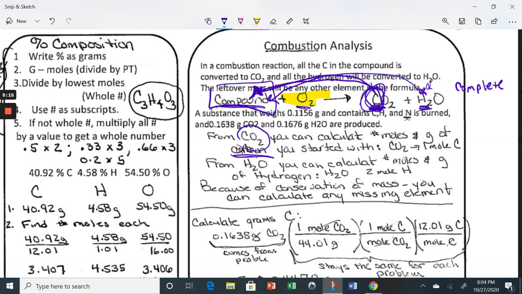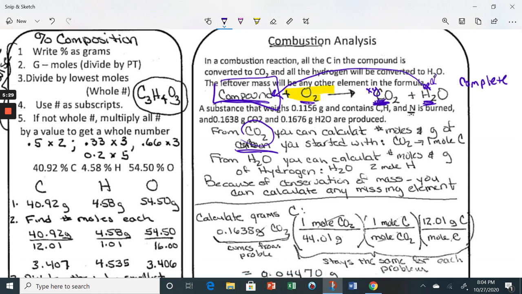So it's all related. So if I go back and say, okay, if I know X grams over here, I have so many grams of it. And I'll call this Y grams, and I have so many grams of that, I can back calculate. And this is how we do it.